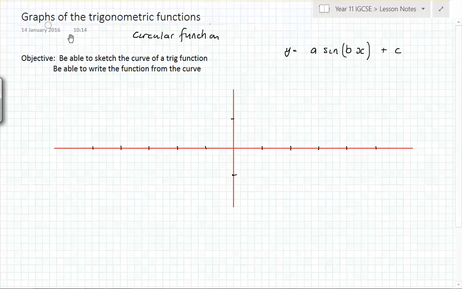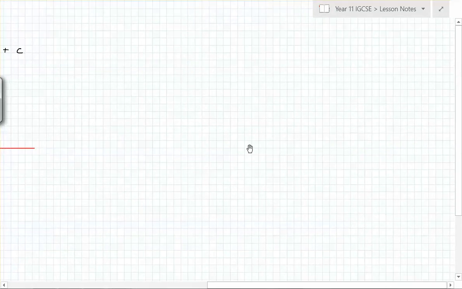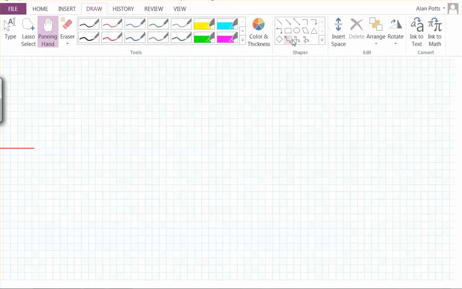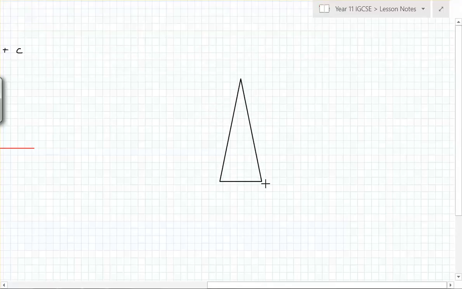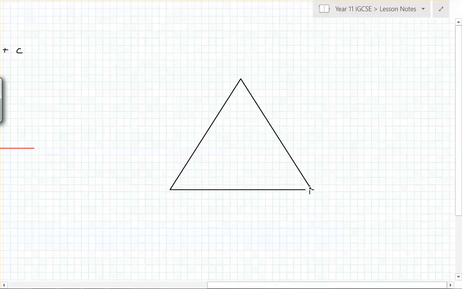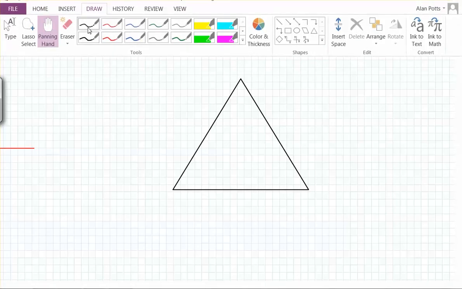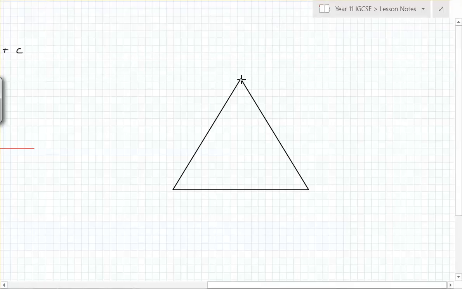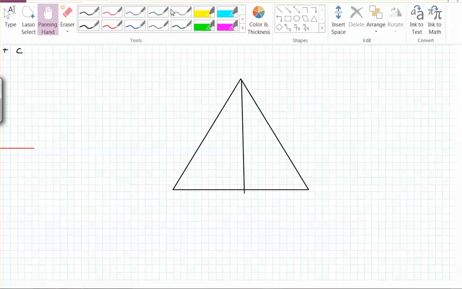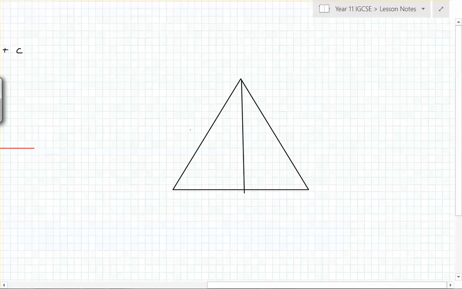I'll just come back to this a second. I was kind of hoping that you'd remember that they come from the triangles. One of them, the 30 and 60, comes from the fact that we do an equilateral triangle cut in half. Okay? And then this length would be 2, but if I cut it in half it becomes 1.